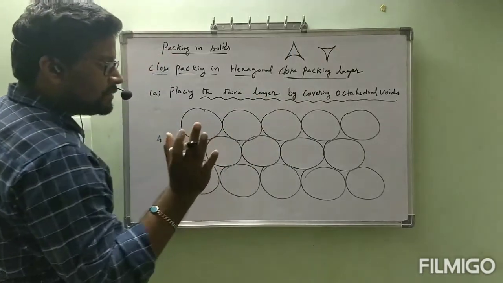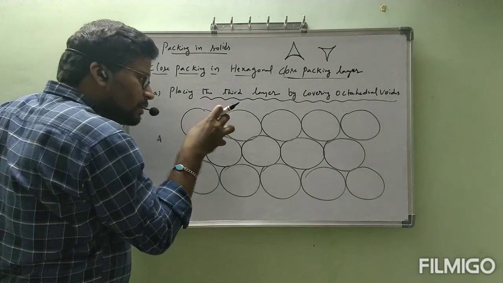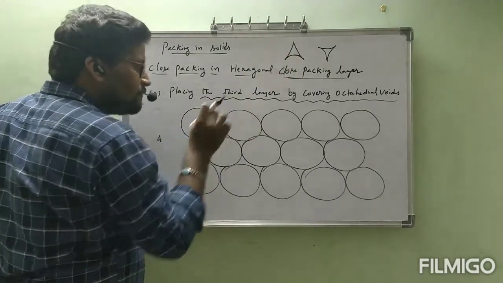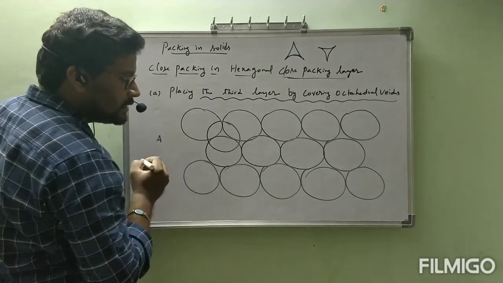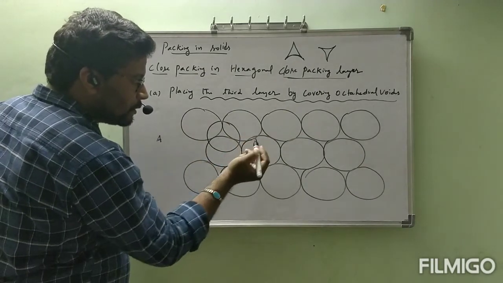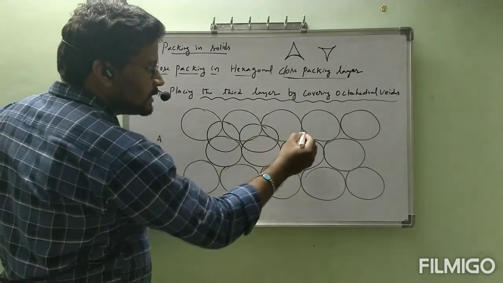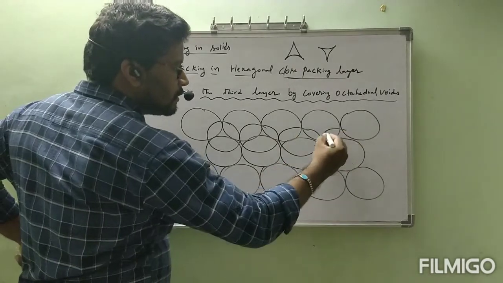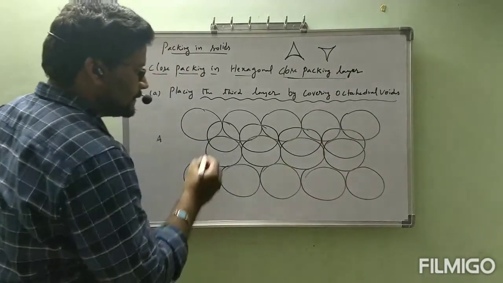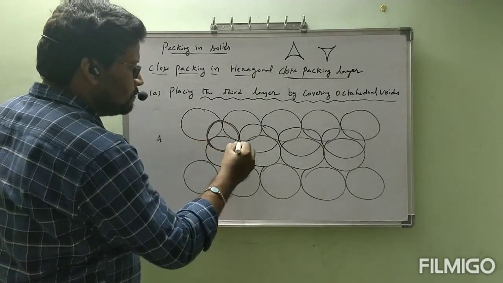Now we are going to keep the second layer in which the particle is indulged into this type of void. Okay, so it will be like this. Next here you will get, it will be like this. Next here you will be getting like this. So I am making this dark, B layer dark.